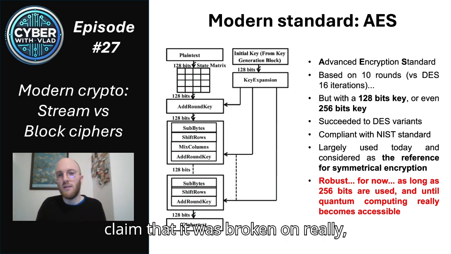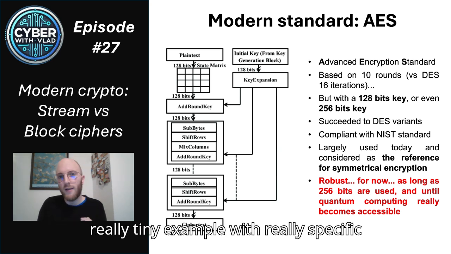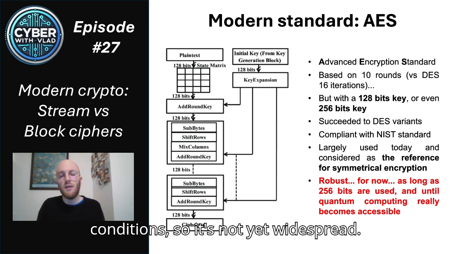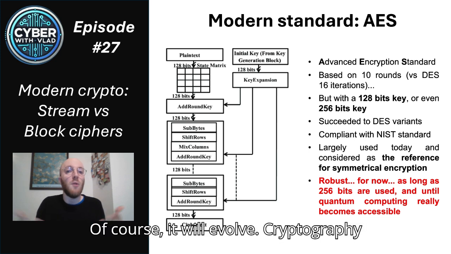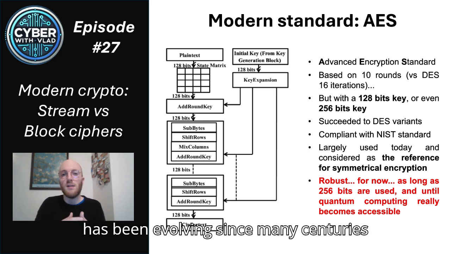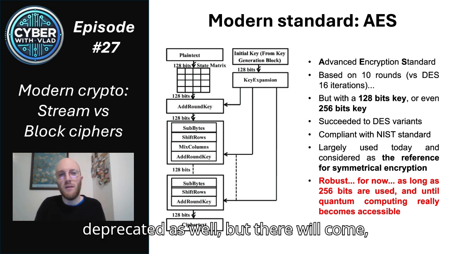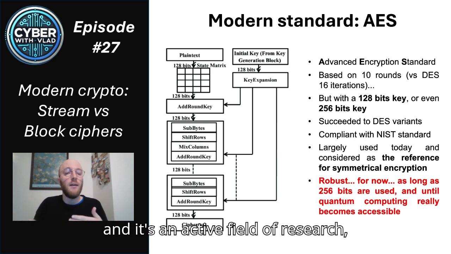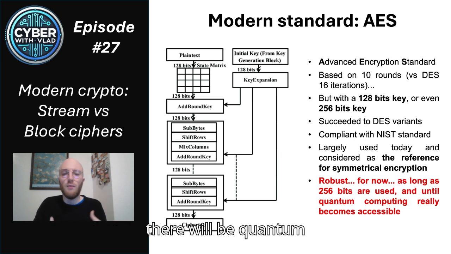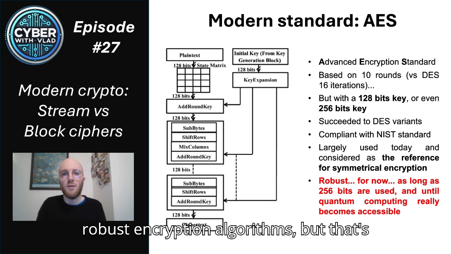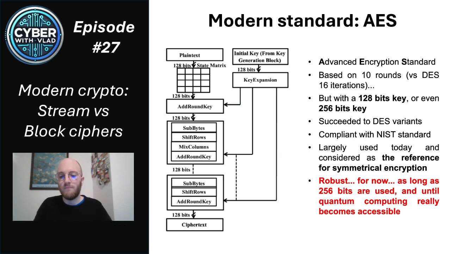Some people claim that it was broken on really, really tiny examples with really specific conditions. So it's not yet widespread. Of course, it will evolve. Cryptography has been evolving for many centuries now. So perhaps this will be deprecated as well, but they will come, and it's an active field of research. There will be quantum robust encryption algorithms, but it's not really widespread today, as I said.